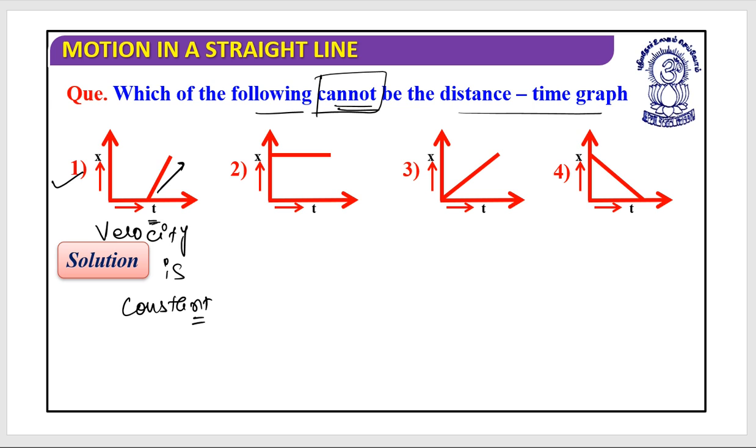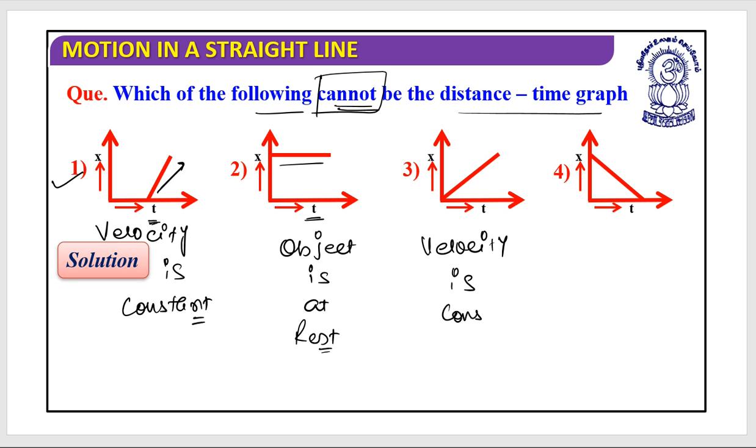In the second situation, as time passes but distance does not change, this could be the case when the object is at rest. Again, the third would be the same situation when velocity is constant.